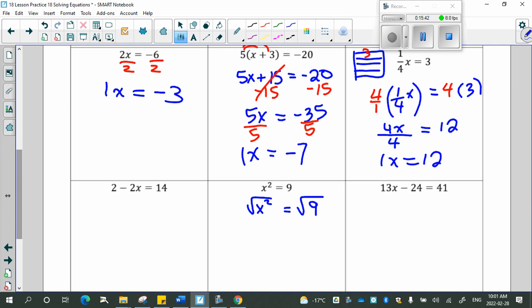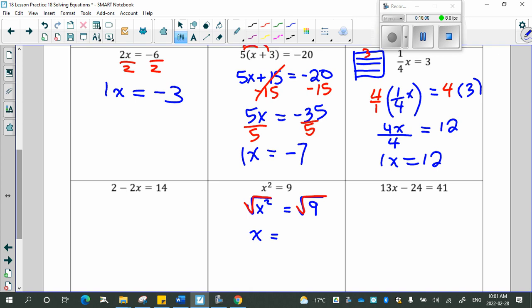So we did the same thing to both sides. I'll do these things in red, like I usually do. Same operation to both sides. Square root undoes squared, it's the inverse operation. So square root of x squared is x.